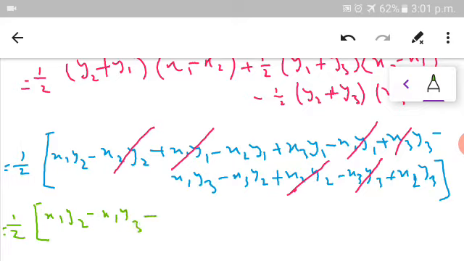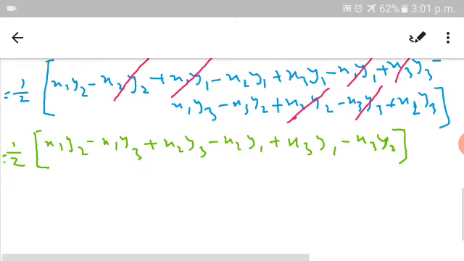Then I'll write with x2. So x2 with positive we are having, yes, x2 y3 and x2 y1, minus x2 y1. Then you can write x3 y1 and minus x3 y2, and then we will take common, right?